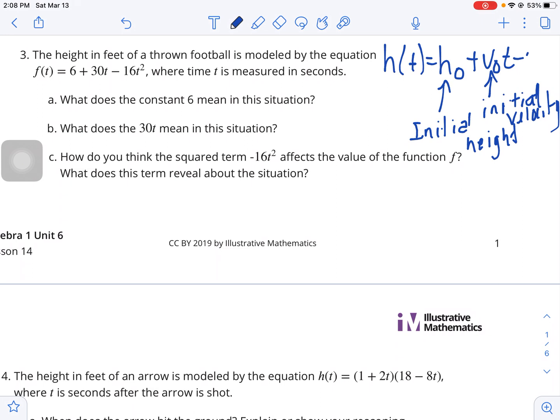And then minus 16t squared, that's gravity. So it looks like the constant term is our initial height here, and that's 6 feet. So the ball is thrown from a height of 6 feet.